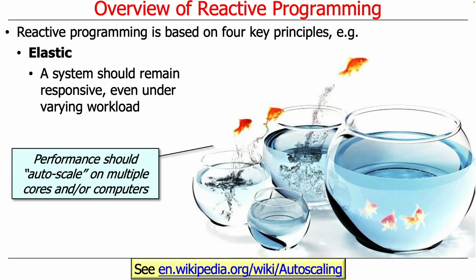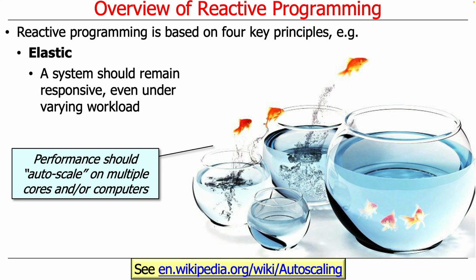The third principle is to be elastic. This is really important nowadays, especially with multi-core environments, especially with cloud computing environments or cluster computing. And you want the system to remain responsive even under varying workloads. So as performance load increases, we'd like to be able to shed load or relocate load or migrate load to other places to be able to run more scalably, perhaps by using more cores or more computers, which may cost more, but in some situations that's perfectly acceptable.